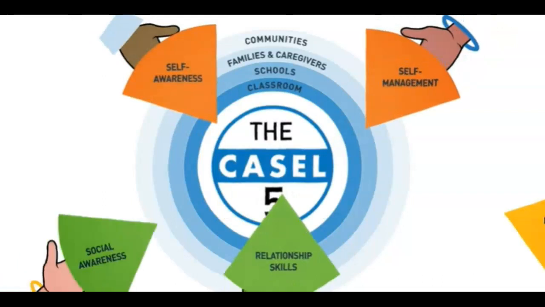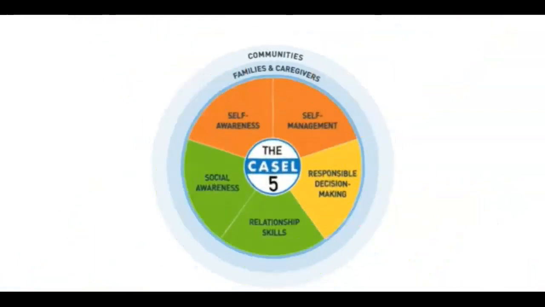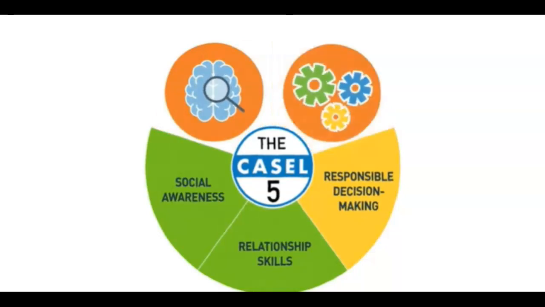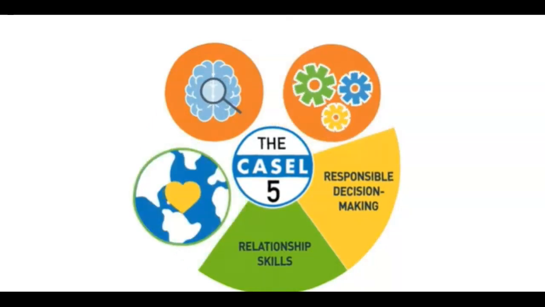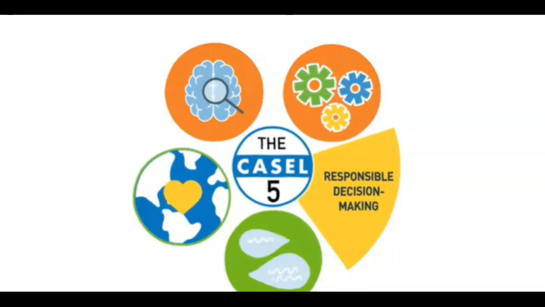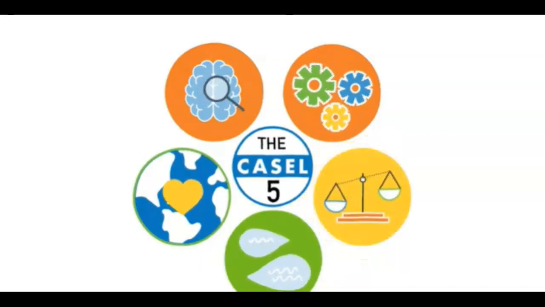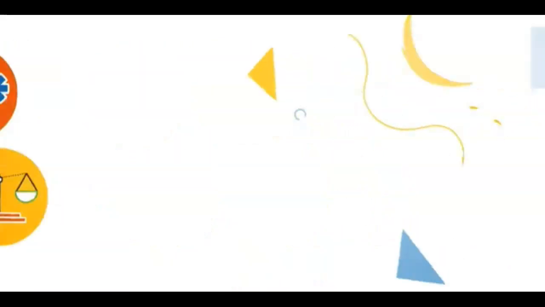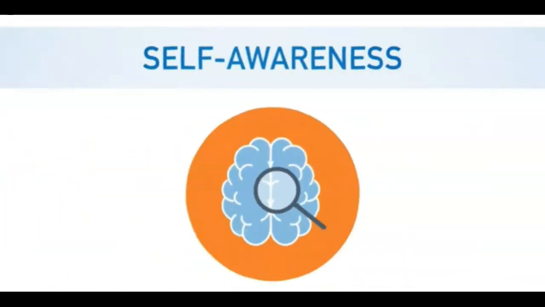CASEL's framework identifies 5 areas of competence that together help us develop a healthy sense of who we are, manage stress, understand the views of others, and work together to create schools and communities where everyone can grow their strengths and interests. Self-awareness is about how we think about ourselves and who we are.